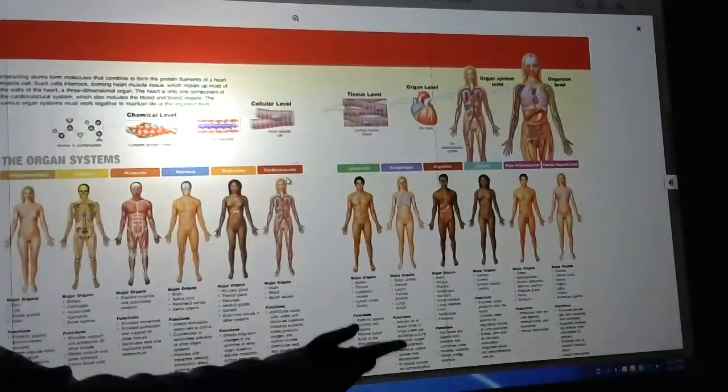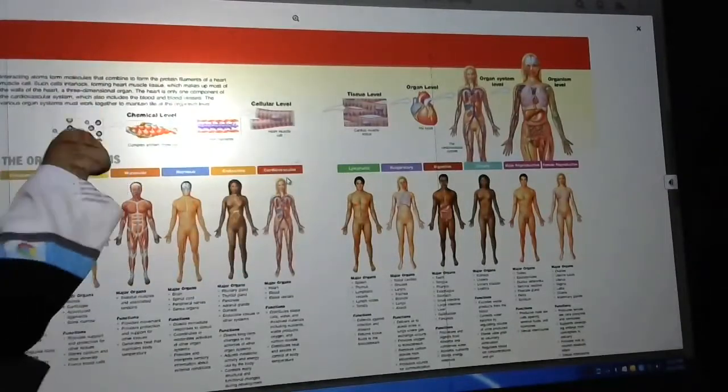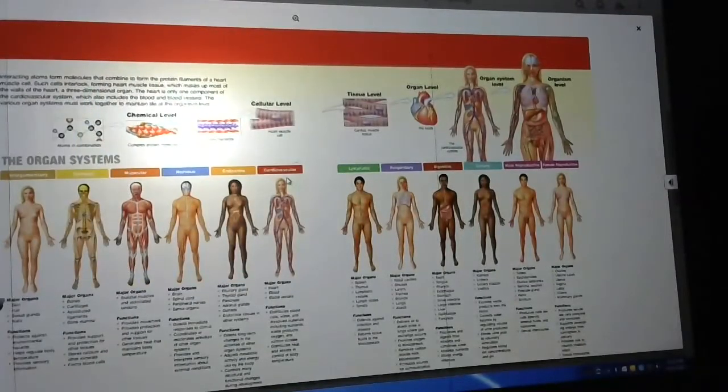Okay? All right, let's start off with the integumentary system, which is the skin. What are the major organs associated with it? So we have skin, hair, sweat glands, and nails. The functions: protects against environmental hazards, helps regulate body temperature, provides sensory information. All right, so the integumentary system is the largest organ in your body. Its job is to do what?